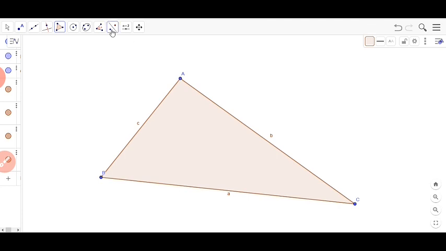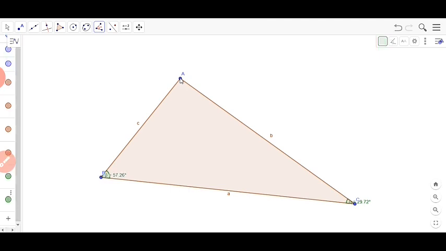Now we will measure all its three angles. We here see that when we add all these angles, the sum is 180 degree.